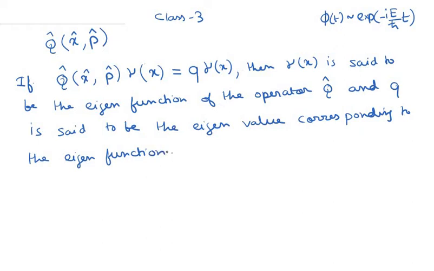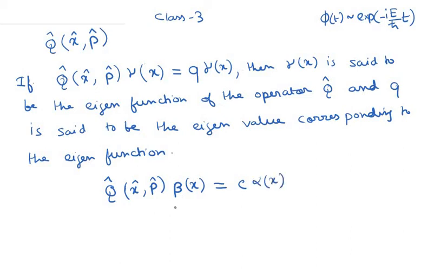Now note that if q would act on any arbitrary function, let us say beta(x), then it would produce maybe some constant c times another function, let us say alpha(x).